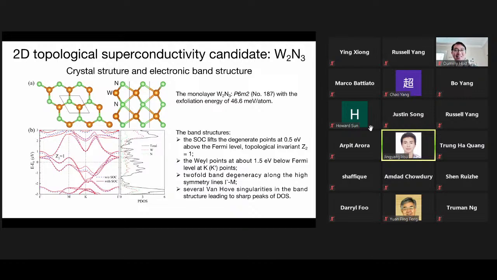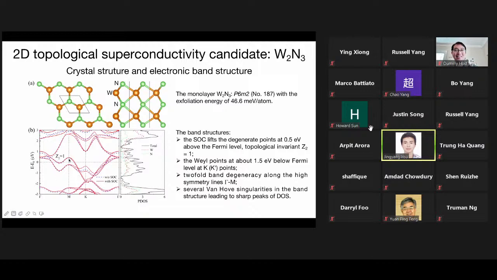The monolayer tungsten nitride is composed of inversion symmetric layers with two 1T nitrogen-tungsten-nitrogen layers sharing one layer of nitrogen atoms. It can be easily exfoliated from its bulk material due to the low exfoliation energy of about 46 meV per atom, which is much smaller than that of MoS2.